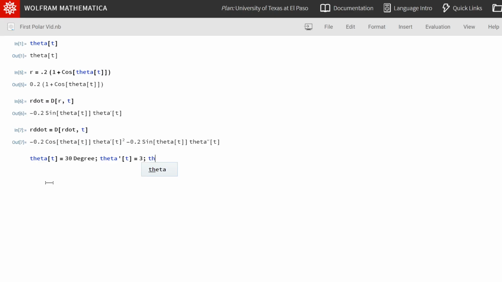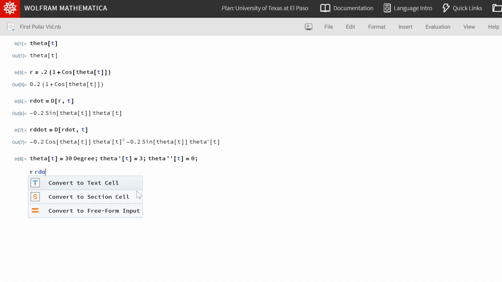Since this thing is moving at a constant angular velocity, our theta double dot is going to be equal to 0, and that's all. So let's run that. And then now we can call all these variables and get all of our values.